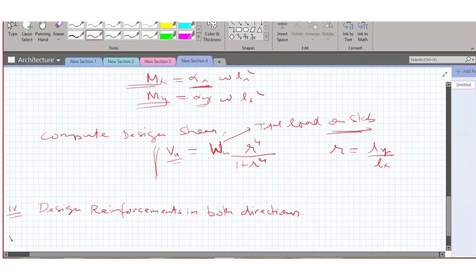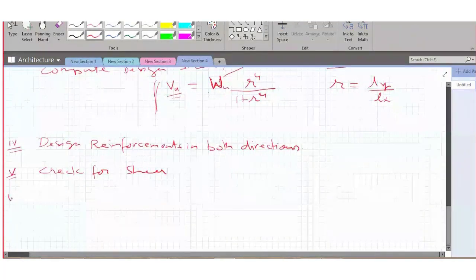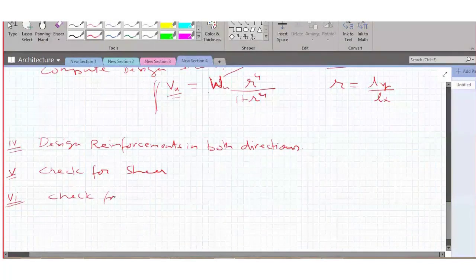The fifth step is to check for shear. You will be performing the shear check. Next step, check for deflection control.